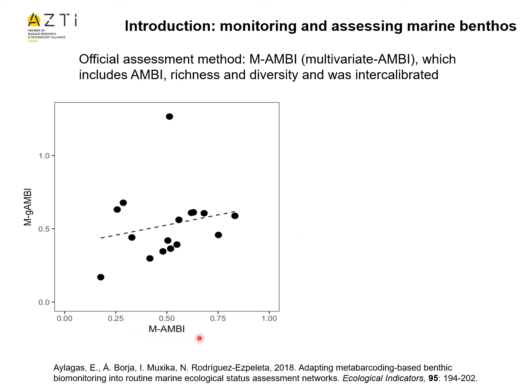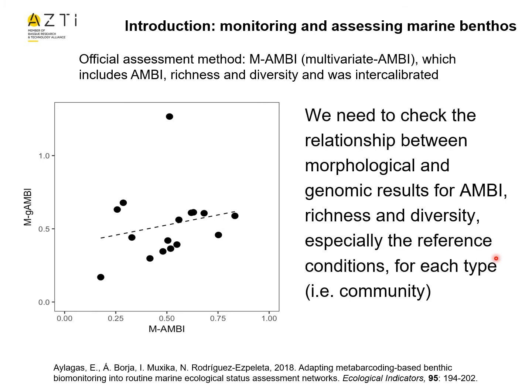However, when comparing morphological MAMBI with the molecular MAMBI, you can see that the correlation is not so good, and hence we need to check the relationship between the morphological and genomic results for AMBI, richness and diversity, especially for the reference conditions needed to calculate this MGAMBI. And this should be calculated for each type at sea. Types could be assimilated to communities or areas with the same conditions.